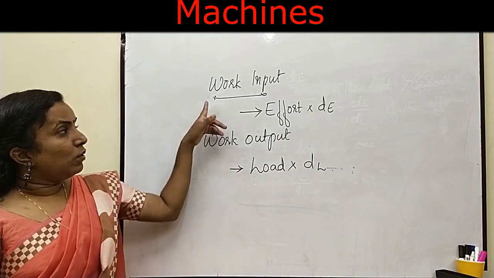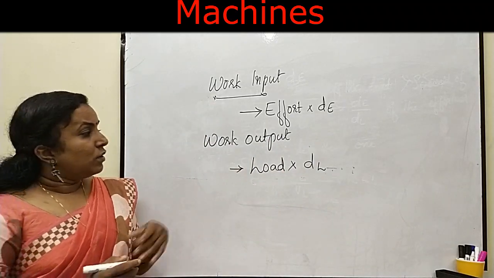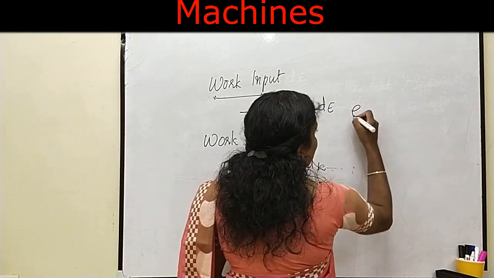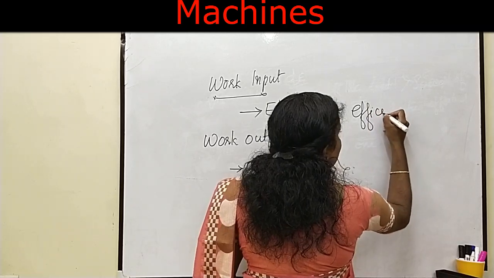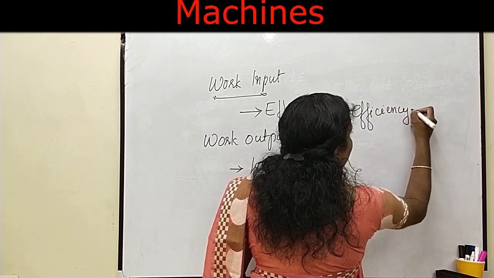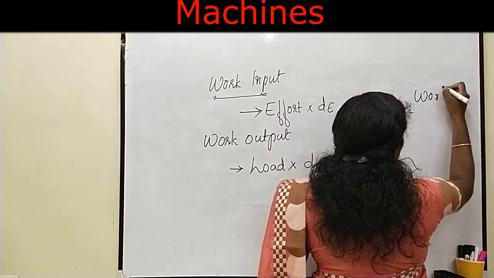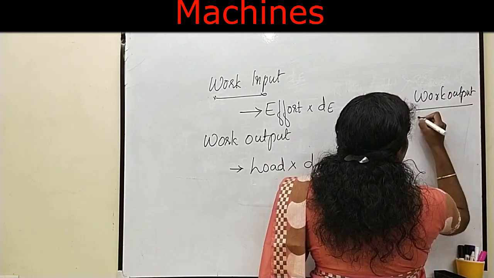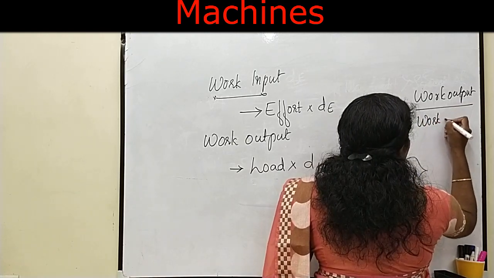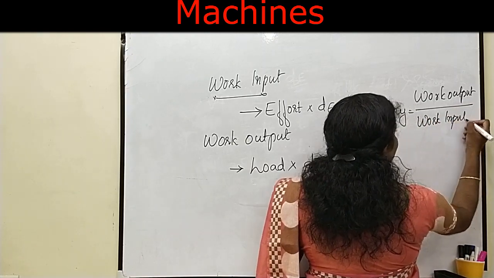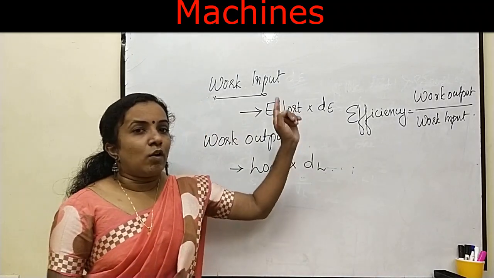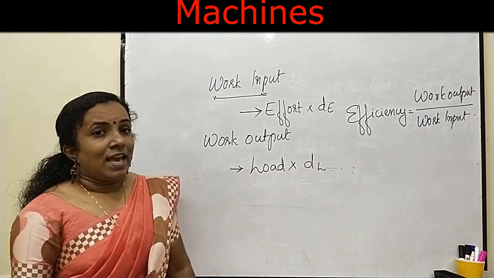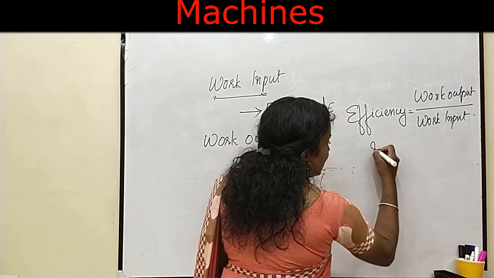Okay. Now the ratio of work output by work input is called efficiency. So efficiency is the work output by work input, or the ratio of work output by work input is called efficiency, and the symbol of efficiency is this.